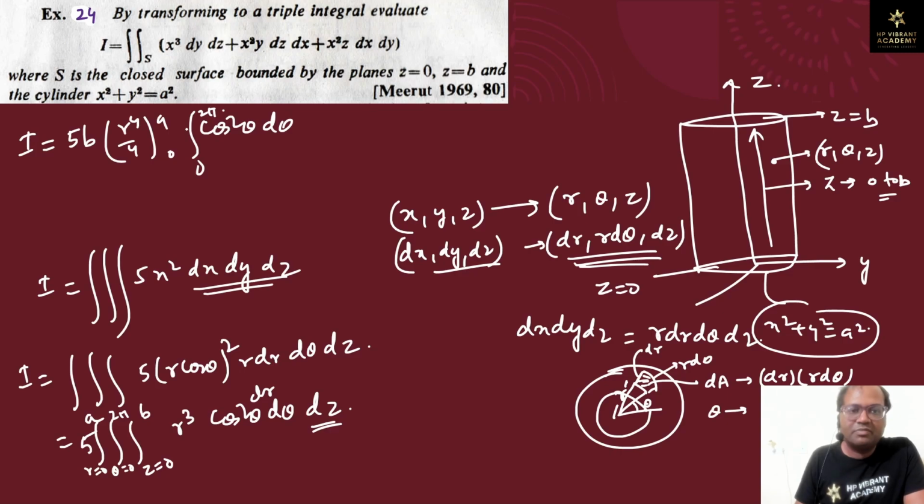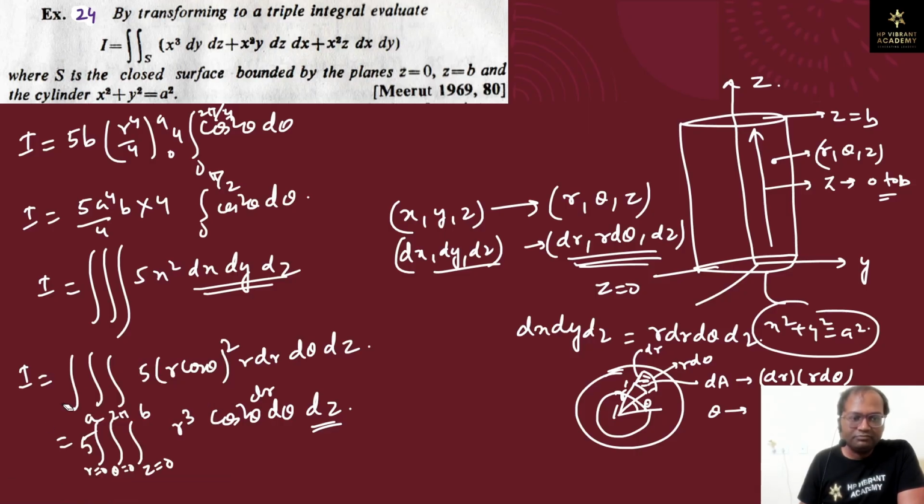Okay, so we can multiply with 4 outside and divide by 4. So I is equal to 5 a^4 upon 4b into 4, and this is 0 to pi by 2 cos square theta d theta.